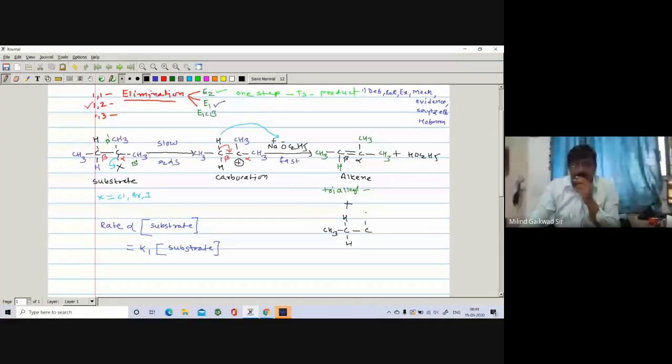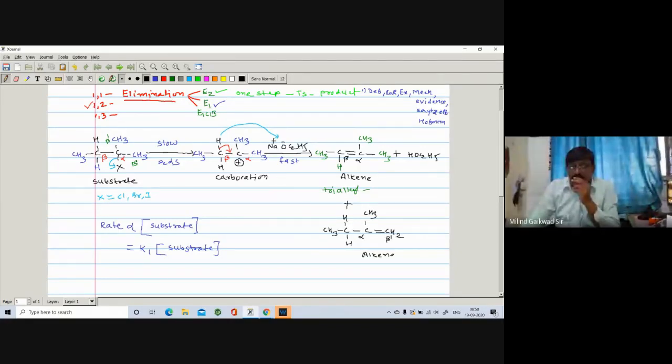So this CH3, these are alpha carbon, and there is a removal of hydrogen, that is a beta dash. So it is a beta dash, right? So replace this alpha beta dash hydrogen.